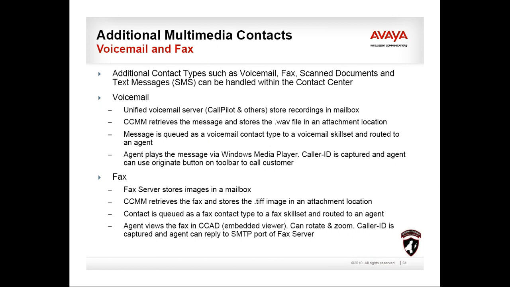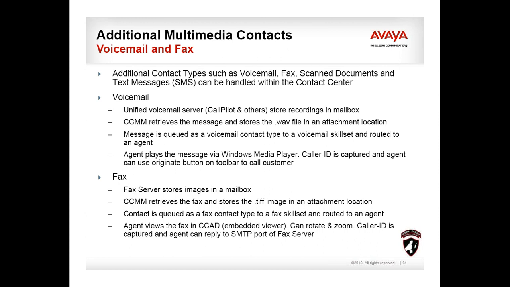So we talked a little bit about Fax and Link. Those of you that do voicemail for your agents today, or maybe common voicemail boxes, nice feature, CCMM. It can retrieve those messages, it can store them, and then also, guess what? It delivers it to the agent desktop for your agent to handle, and it can actually queue them as well.